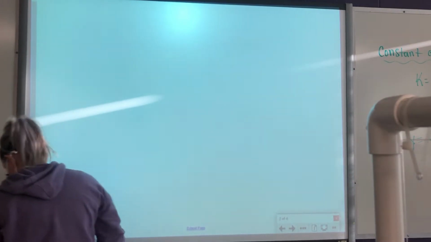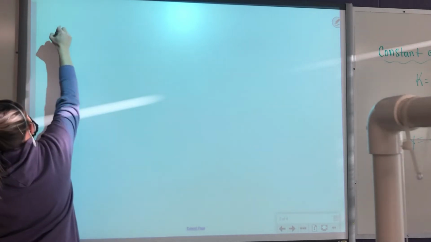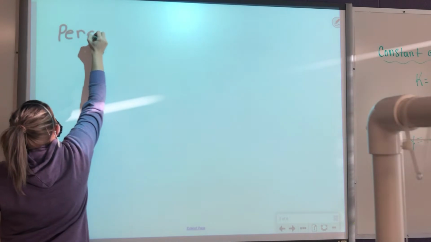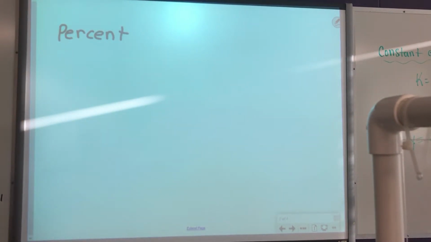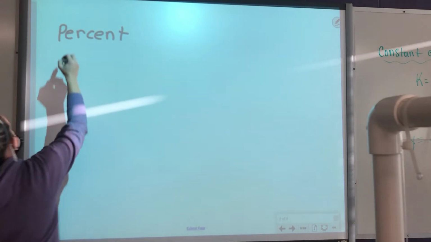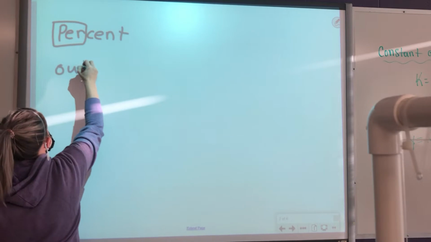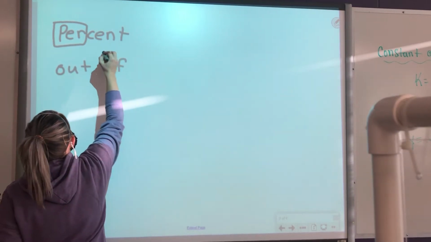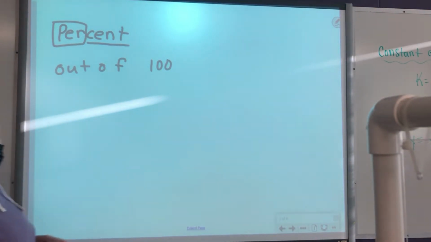let's talk about what percent is. So if we break down the word, per means out of, and then cent means 100.